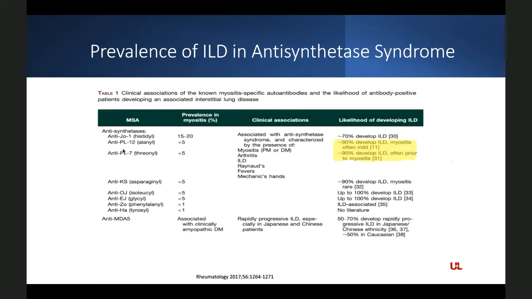From that paper, we now know that 90% of the patients who have PL12 and PL7 antibodies will develop interstitial lung disease. And it can develop even prior to myositis. So they may develop ILD before even having any kind of weakness. That's important for us to know as well when we are looking for these patients.